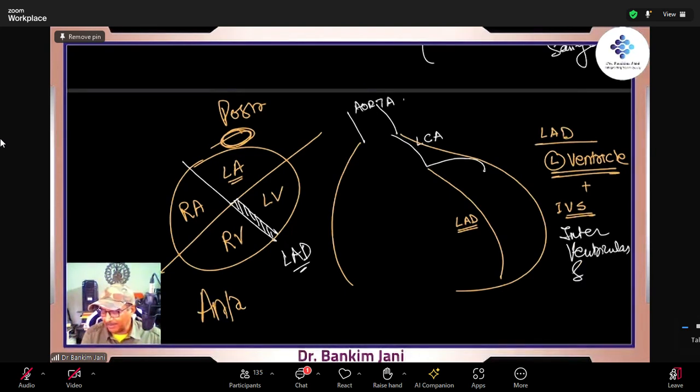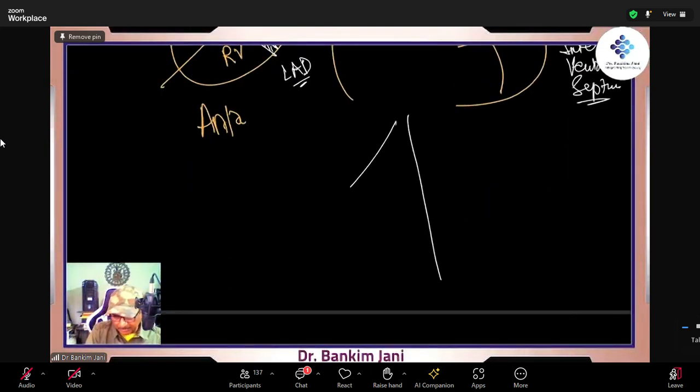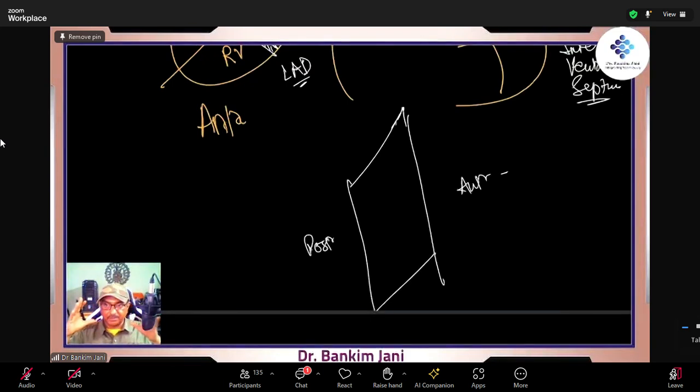Now, slight imagination. If this is the interventricular septum, imagine on one side there is the right ventricle, on the other side there is the left ventricle, and then this is the anterior part and this is the posterior part, correct? So they are like chambers. Think in 3D.